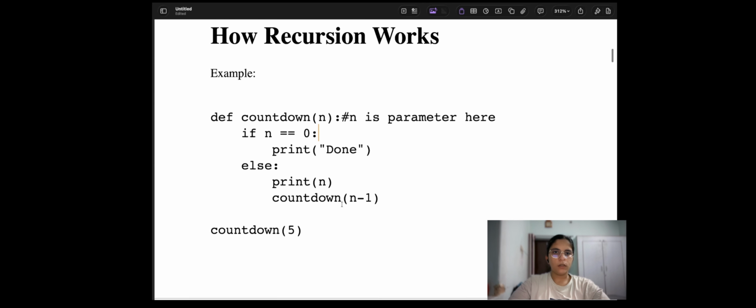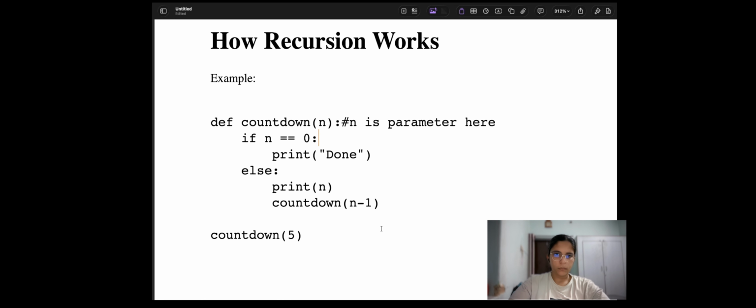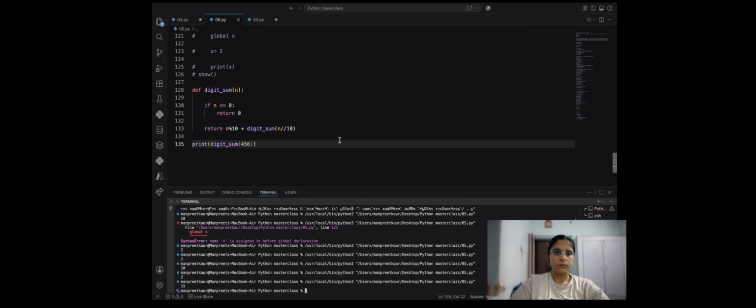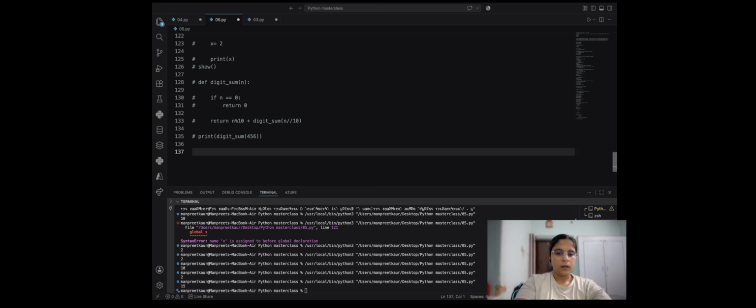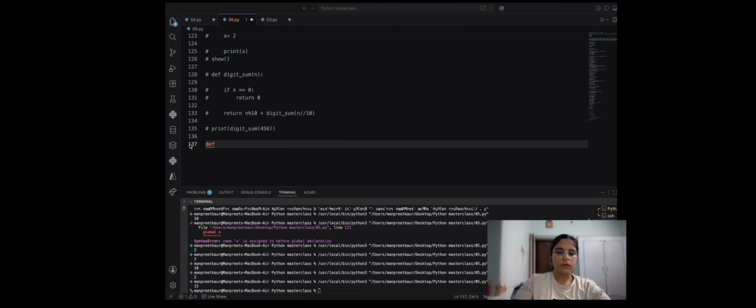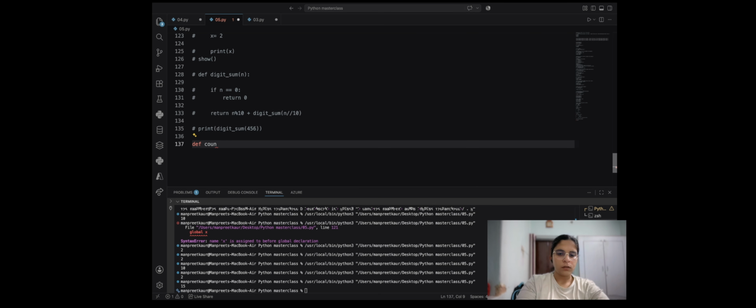Okay, we are going to code this. First, I will comment this out. Then def, then the name of the function. We would love to do countdown(n).